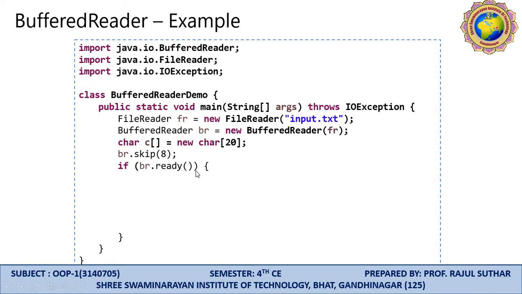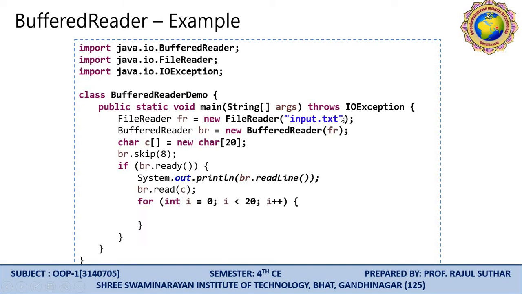If br.ready() is used, then we read the particular line: System.out.println(br.readLine()), br.read(c) reads the characters available in input.txt. For i = 0, i < 20, i++, up to the last character, we print System.out.println(c[i]).